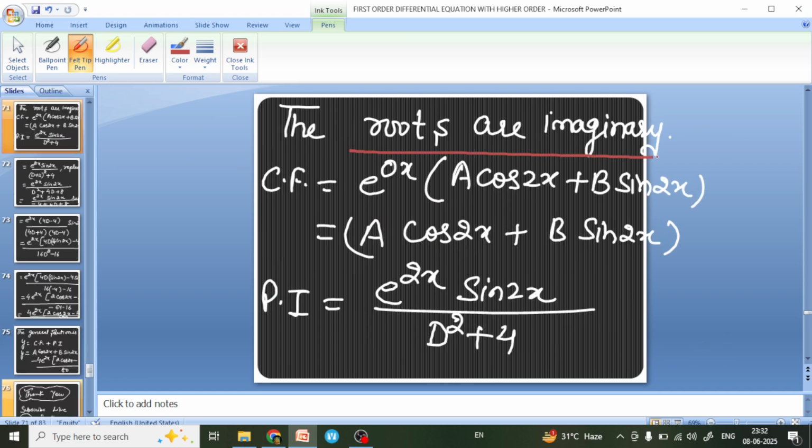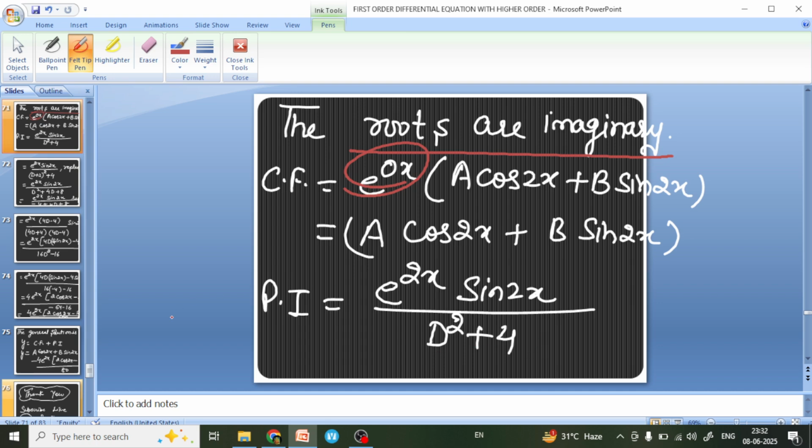Now the roots are imaginary. CF is equal to e raised to power 0x, a cos 2x plus b sin 2x, which will be equal to 1, and PI is equal to e raised to power 2x sin 2x over D square plus 4.